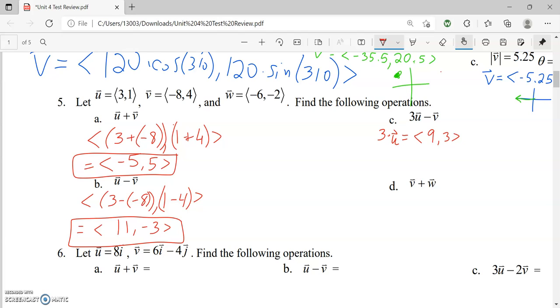So 3u minus the v vector. Our answer, 9 minus -8, so that's 17, comma 3 minus 4, -1.